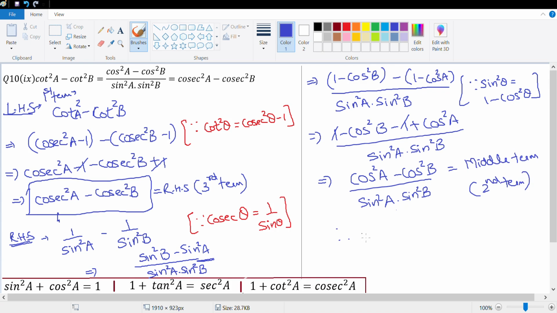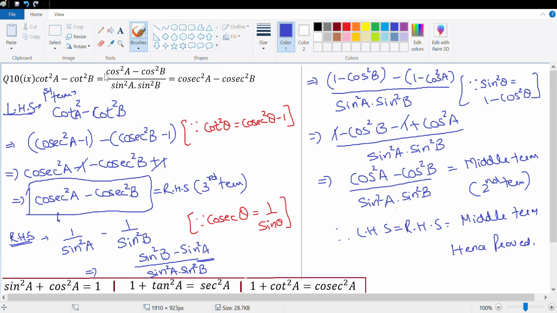So since LHS is equal to RHS is equal to middle term, hence proved. Done. Very easy, but had 3 terms to it.